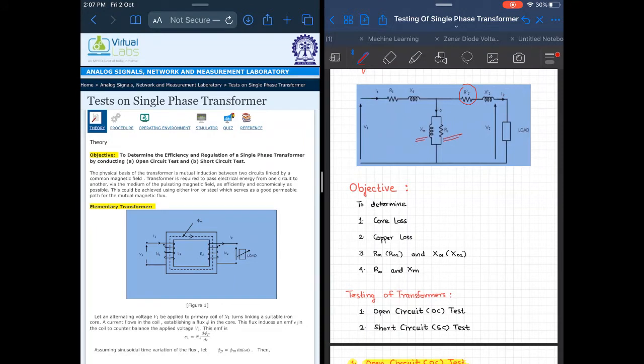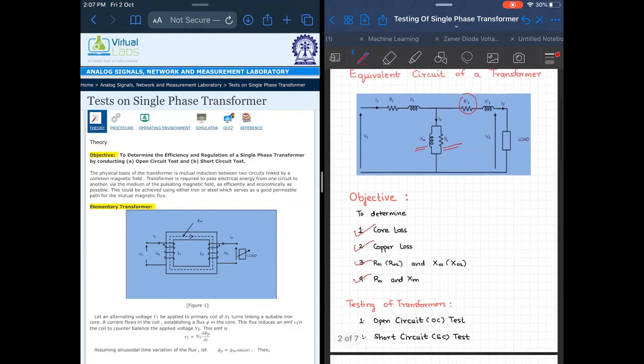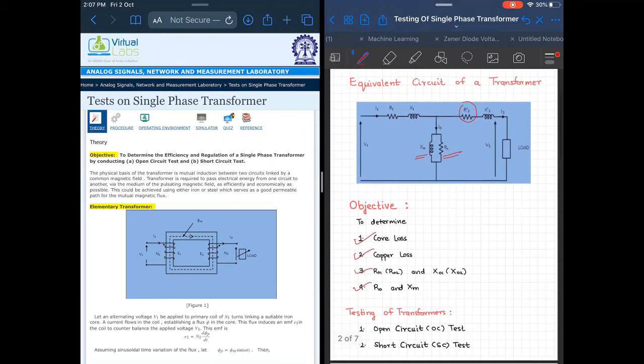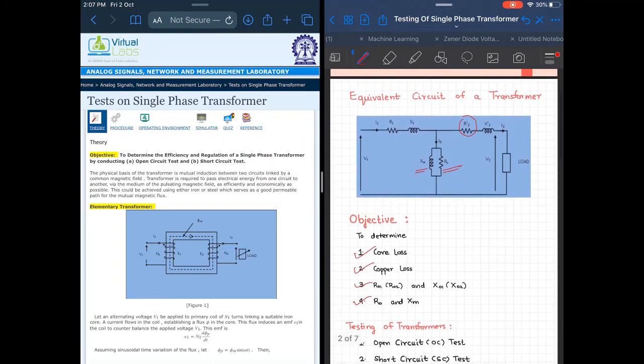Our objective is to determine core loss, copper loss, either R01 or R02, either X01 or X02, and R0 and Xm. We need to determine the circuit parameters as well as core and copper losses.